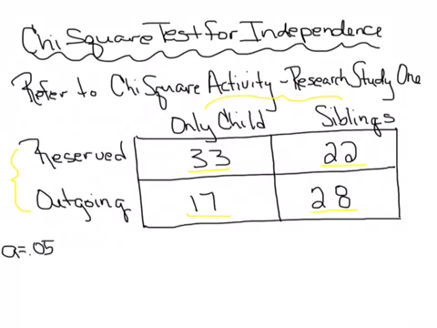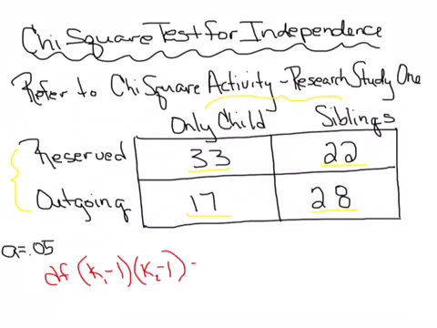Then we're going to need to get our critical value. And if you recall, to get our degrees of freedom, it is k minus 1 for group 1, times k minus 1 for group 2. And k is the number of categories, or the number of groups.